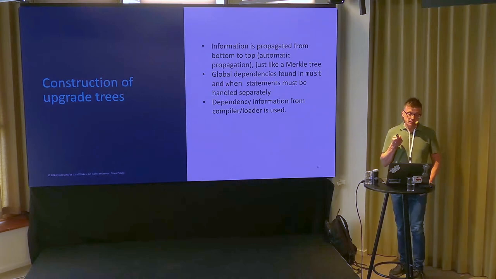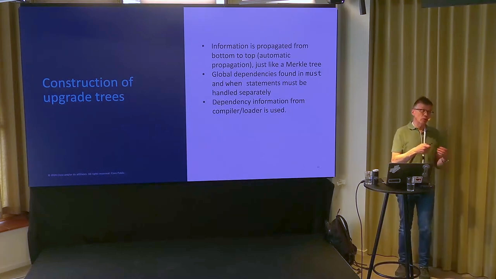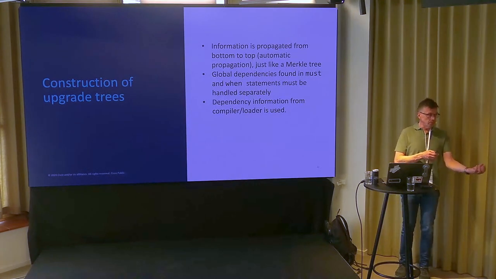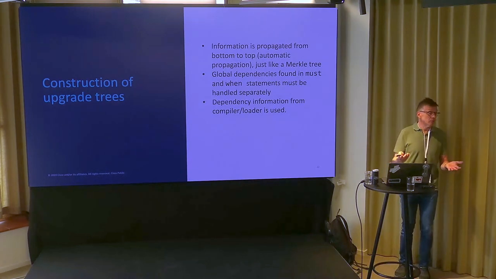We have to process global dependencies in a special way. By global dependencies, I mean non-local dependencies. We have references from one part of the schema to another part of the schema, and we have to handle that. But we have that information.